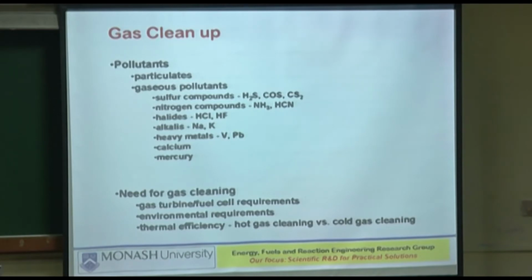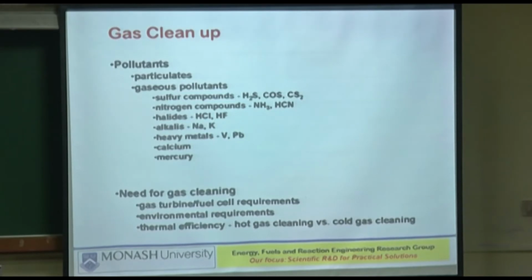Even though the environmental regulations were less stringent than now, and also gasification interest was peaking. So in order to achieve higher efficiency, there was a strong impetus on developing hot gas cleanup systems.